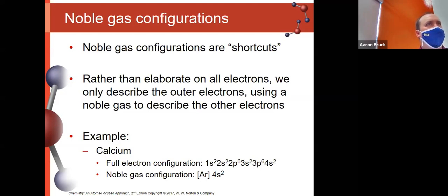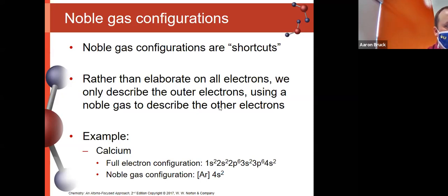And now I can bracket that up, with an understanding that all those electrons are there for that noble gas. And I can talk about what's different, what's unique, what makes this element different from other elements in the same period. And that's what it does.